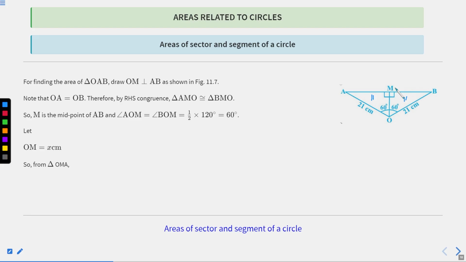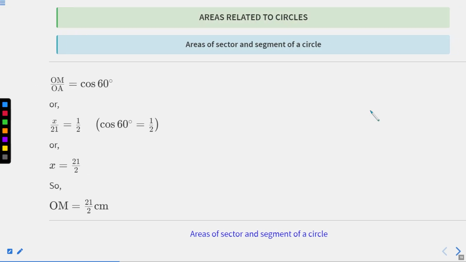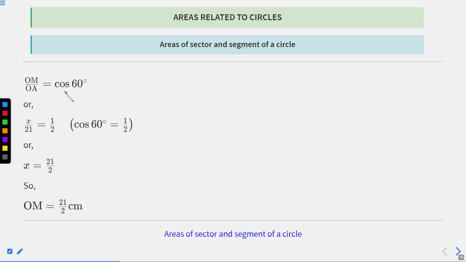Now we can let OM be equal to x centimeter. From triangle OMA, OM by OA is equal to cos 60 degree, and this implies x by 21 is equal to 1 by 2, since cos 60 degree is equal to 1 by 2, or x is equal to 21 by 2, so OM is equal to 21 by 2 centimeter.